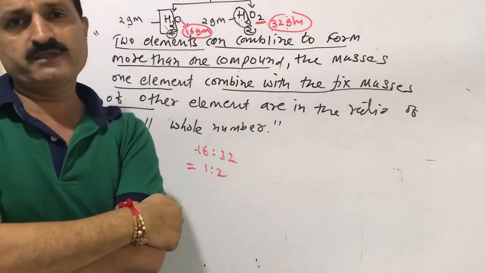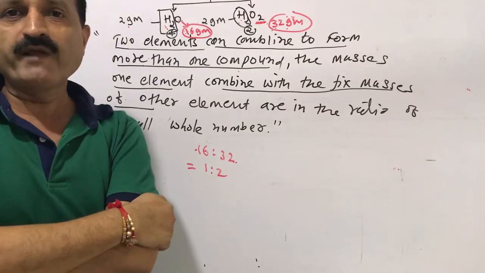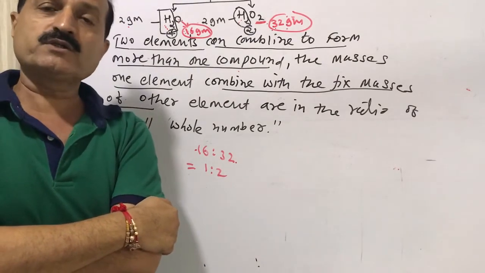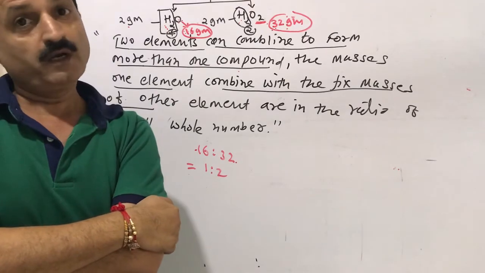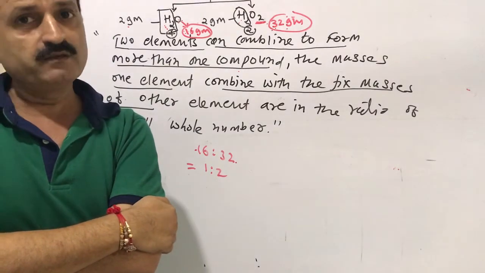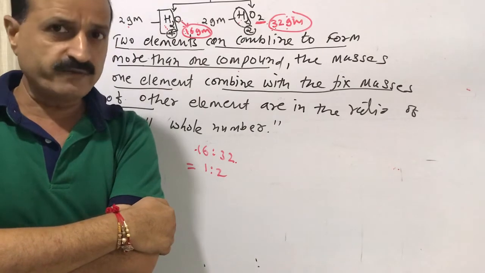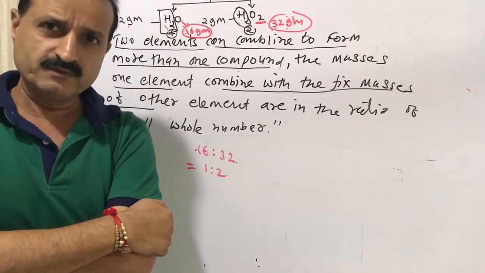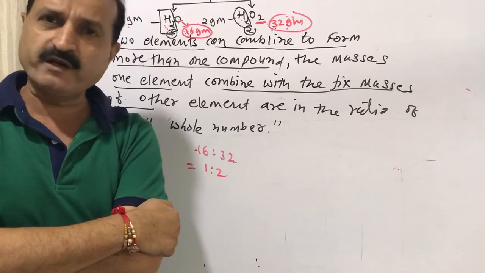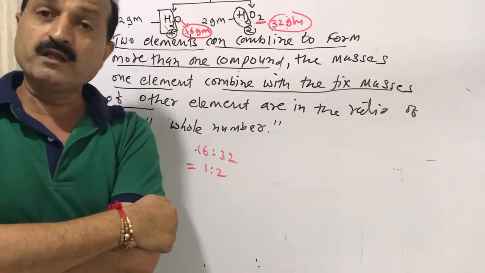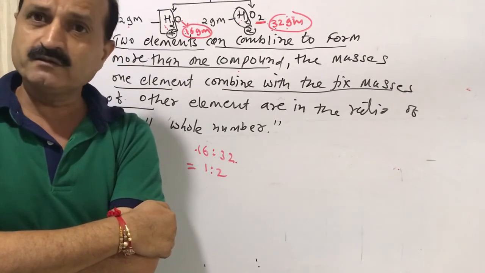So we have discussed the three most important laws. Again I am repeating this lecture. First we discussed conservation of mass, CM, explained by Antoine Lavoisier in the year 1789.